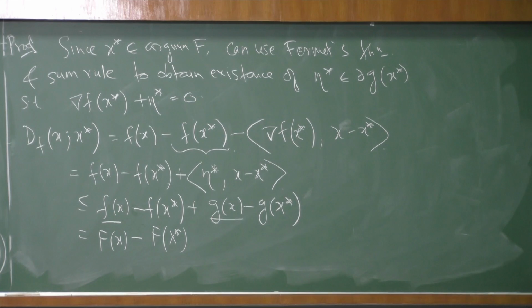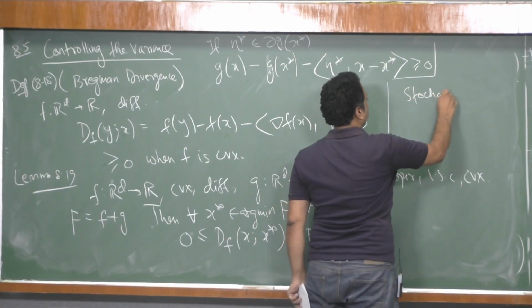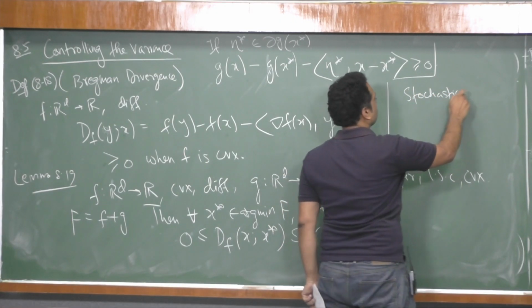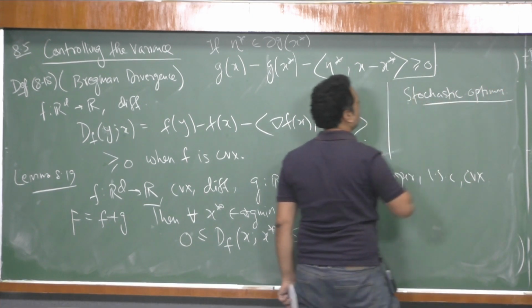Okay, so this is a result on the Bregman divergence. You will see this Bregman divergence used in a few other places. So our plan is to cover stochastic optimization, which is the main workhorse of machine learning. This is why you are seeing a lot of details there, because people work with this as a main workhorse.